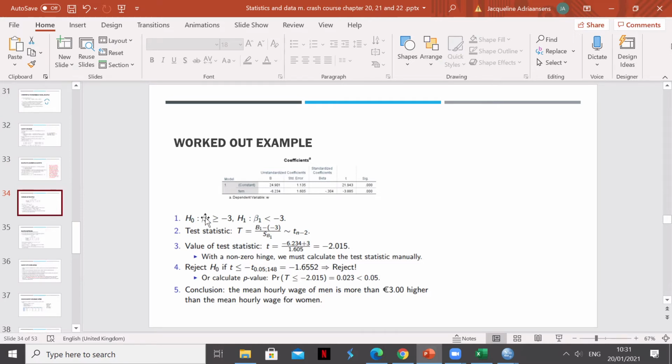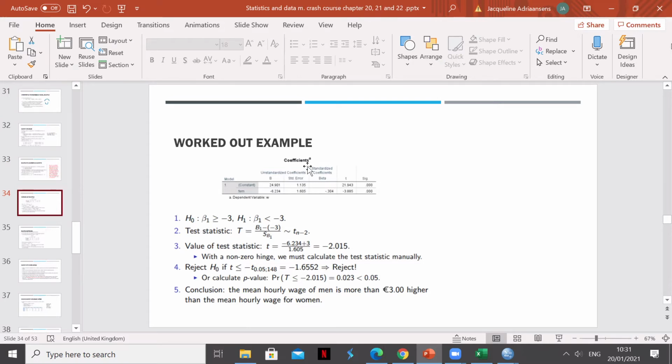And remember that the null hypothesis is always exactly the opposite. So you are going to test beta 1 more than or equal to minus 3, because you always include the equal sign in the null hypothesis. So you're going to test those, and you have your test statistic.